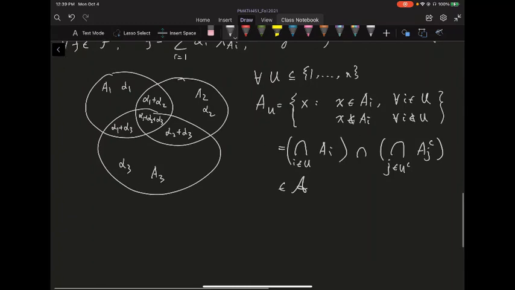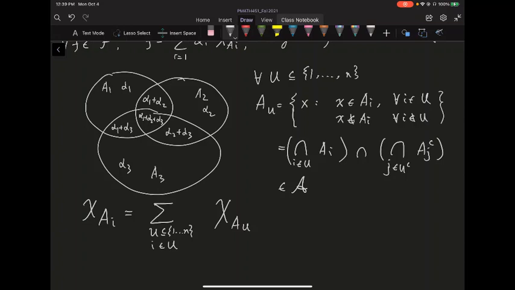Okay, and you can prove the following. This is a fairly easy proof. Each of these chi of A i is no other than the summation over all the U contained in 1 to n, requiring that i is inside U, of chi of A sub U. So they will give you the chi of A i.